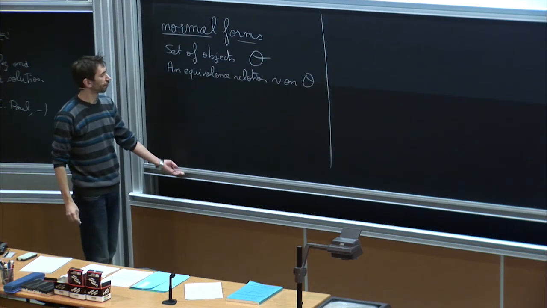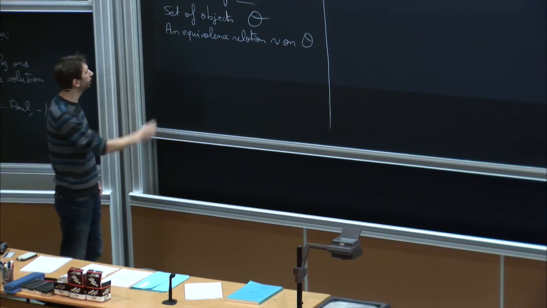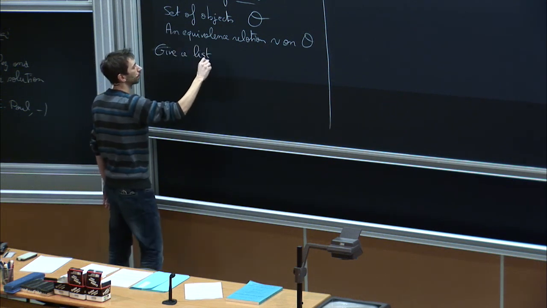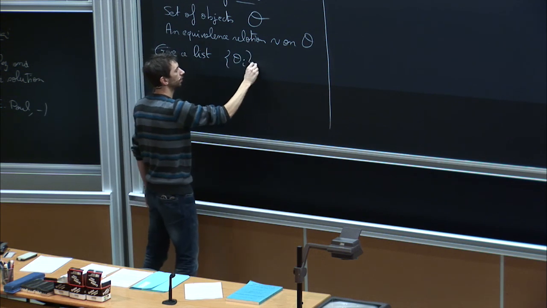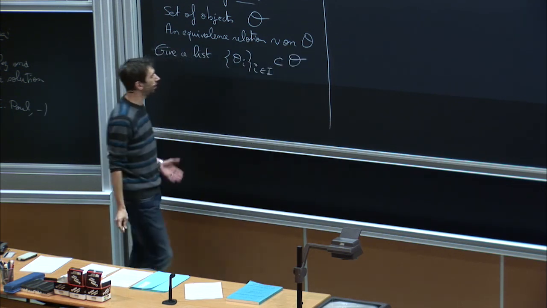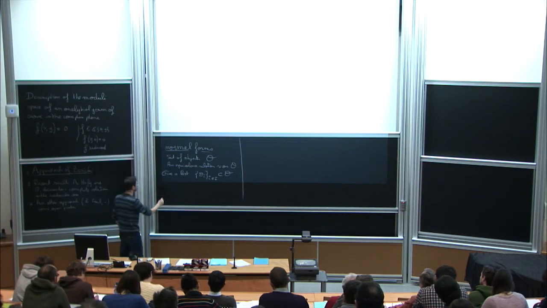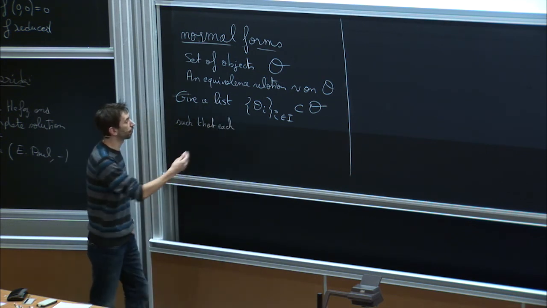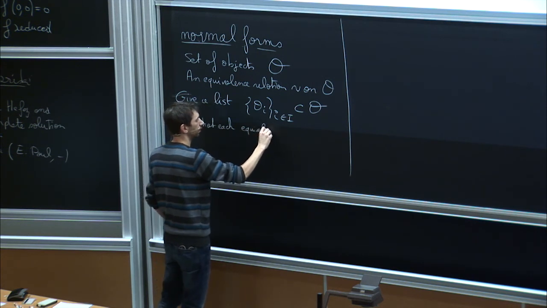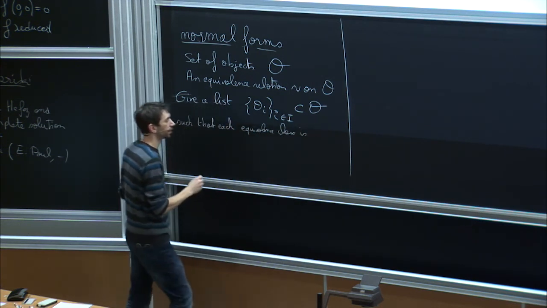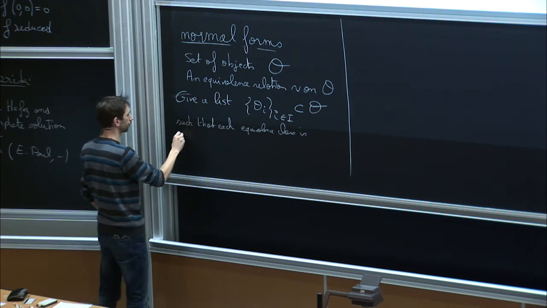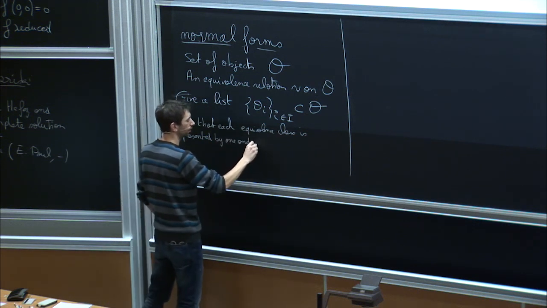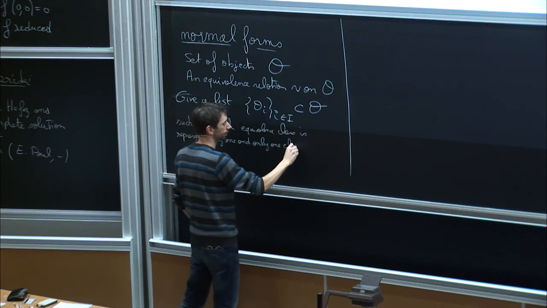And the concept of normal form would be to give a list of elements of this set of objects O such that each equivalence class is represented by one and only one element of the list.